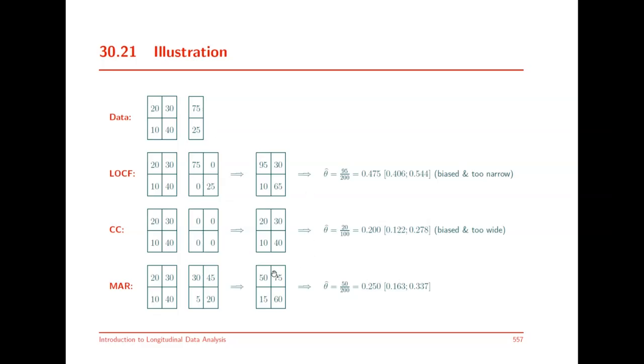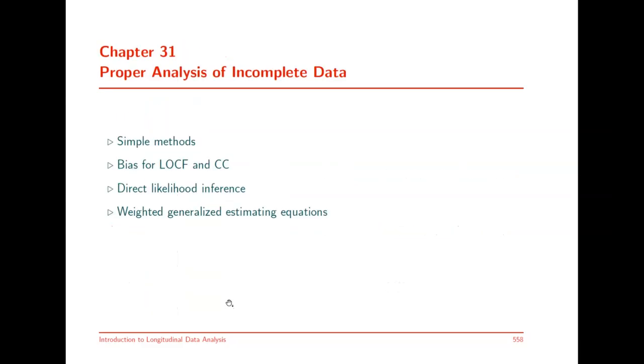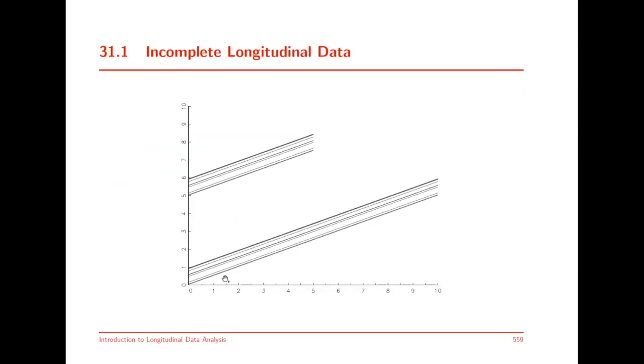You don't have to do it by hand in this way. In practice, if you fit a linear mixed model using maximum likelihood on incomplete data, at the more complex level, this is what the likelihood automatically does, and you do not need to do anything specific for that. It happens automatically, fortunately. So that points to the proper analysis of incomplete data.